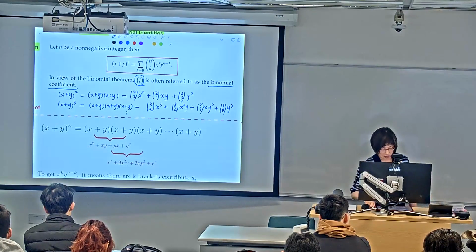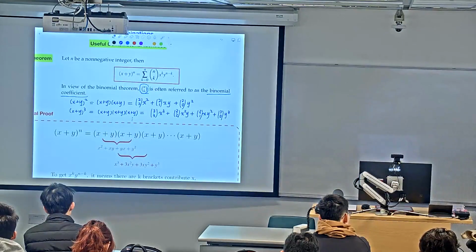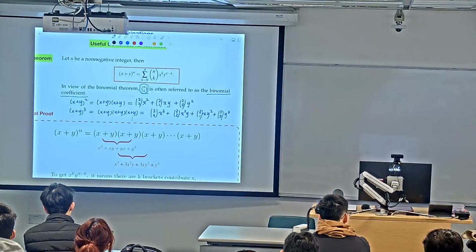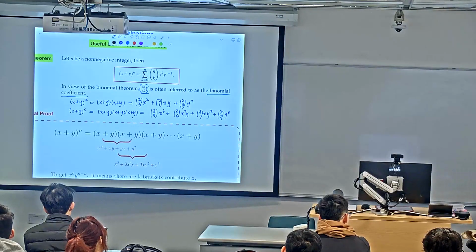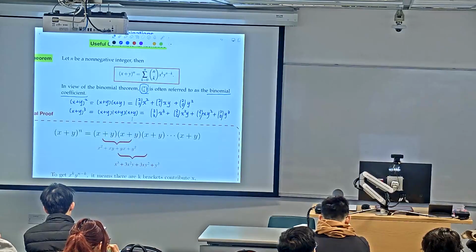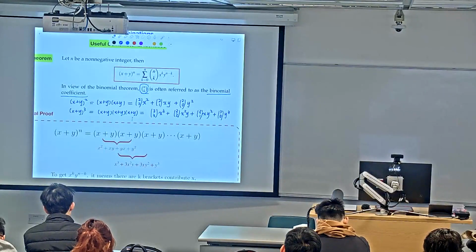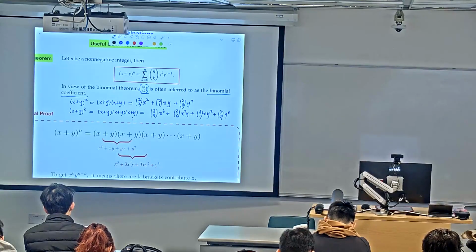Then we can generalize this counting method to prove the theorem. When you have (x plus y) to the power n, now you are looking at the product of n brackets. And the summands always look like x to some power times y to some power, and the sum of the powers equals n. So you can assume in general it looks like x to the k and y to the n minus k. So how many ways can we obtain a summand like x to the k, y to the n minus k?